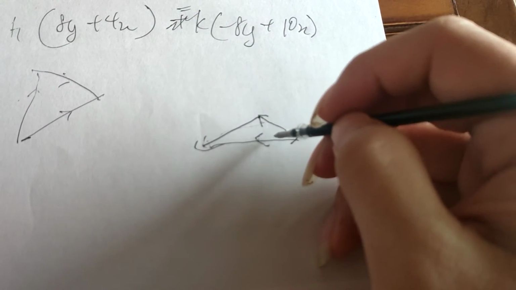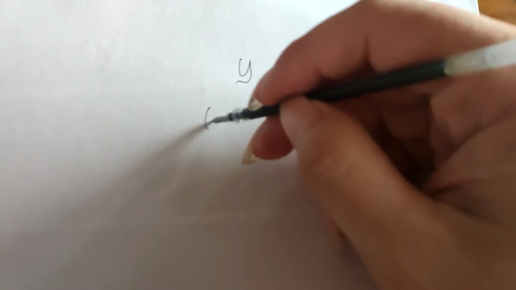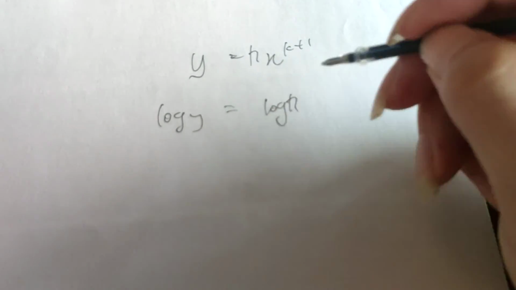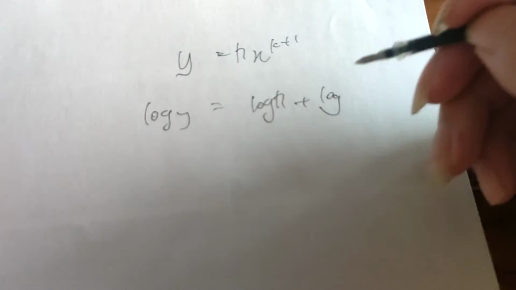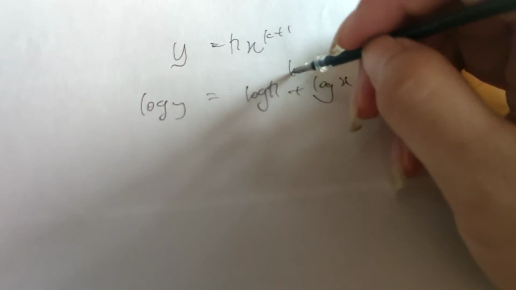Oh my god. So y is h x^(k+1), add a log here, add a log here, log h, log x, and the gradient becomes k plus 1.